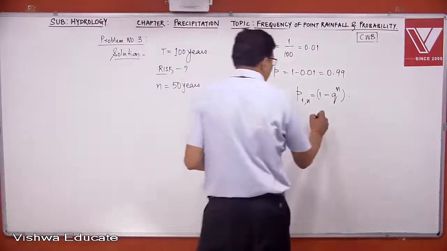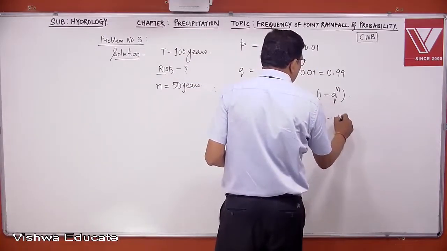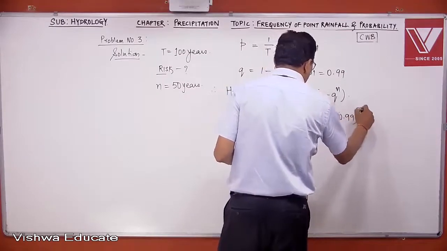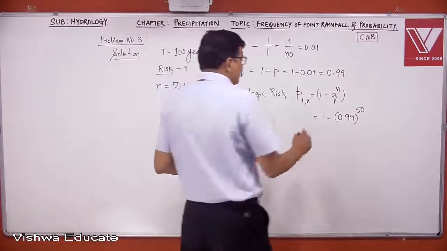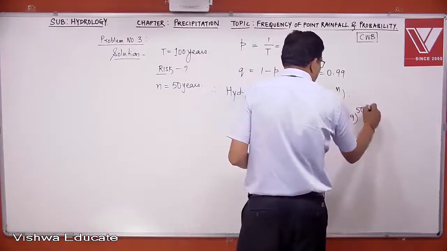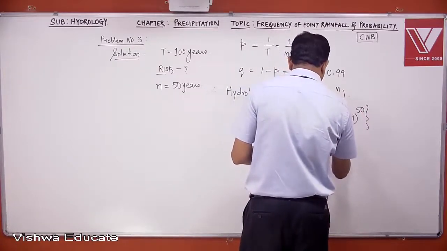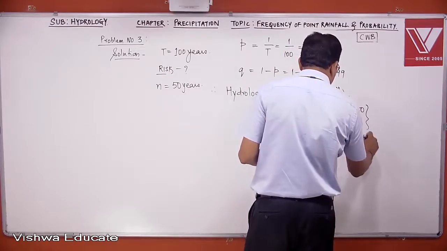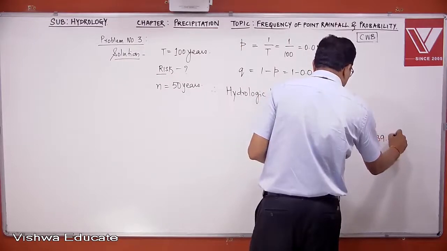So this risk then is equal to 1 minus q, that is, 1 minus 0.99 to the power of 50. Now that becomes the hydrologic risk in the design. This value works out to 0.395 or 39.5%.